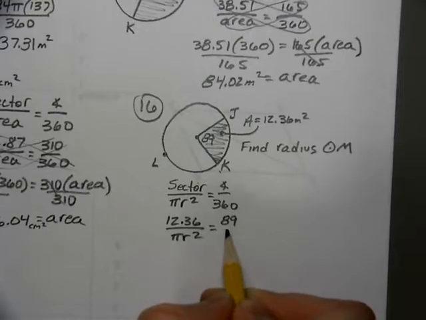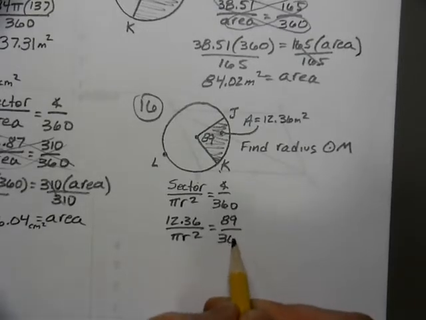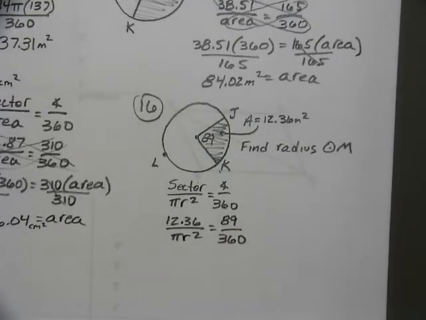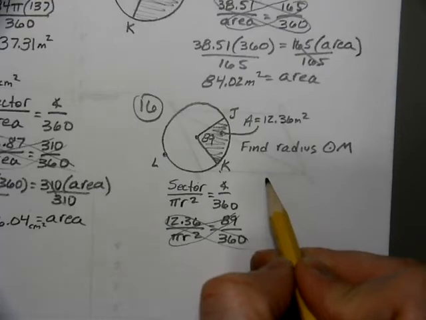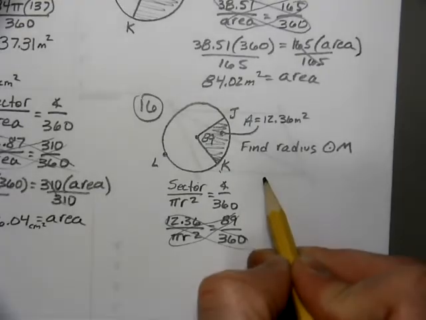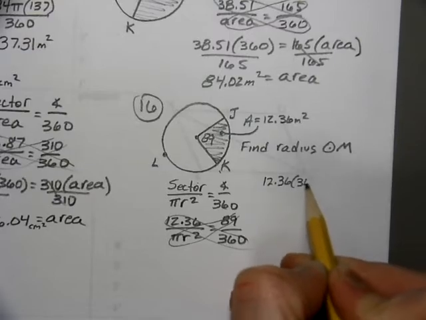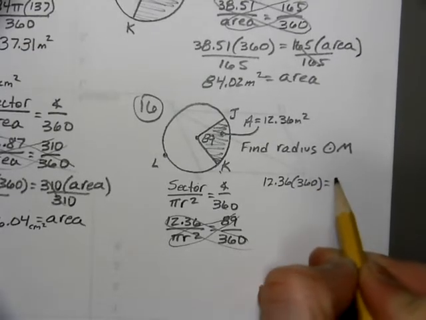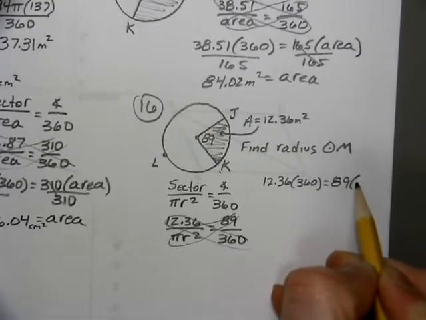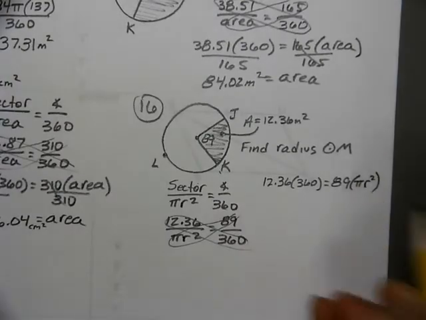The angle is 89 over 360. We'll cross multiply and get 12.36 times 360 to equal 89 times pi r squared.